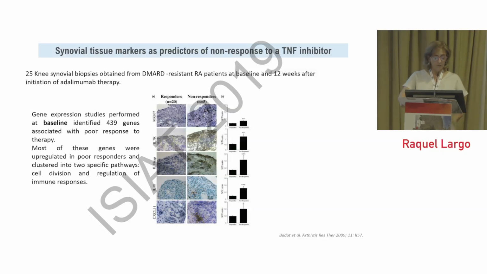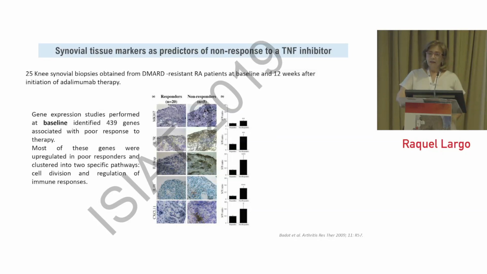What they found is that a big number of genes were increased in non-responder patients. These gene expression studies were also repeated in immunohistochemical studies, and as you can see here, the higher presence of this kind of pro-inflammatory markers correlates with a lower response to the TNF inhibitor.